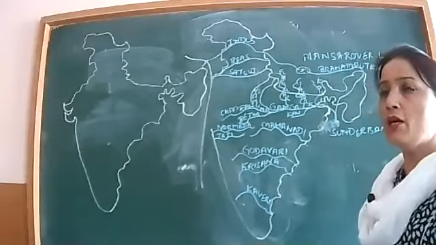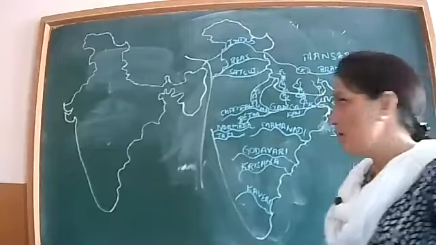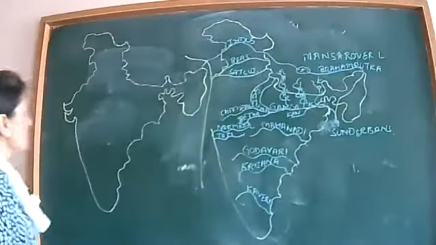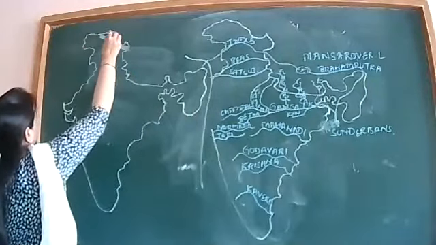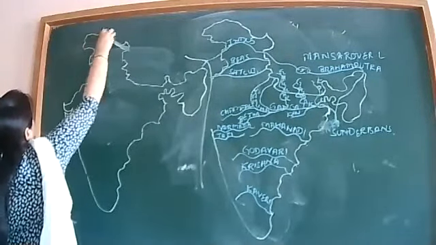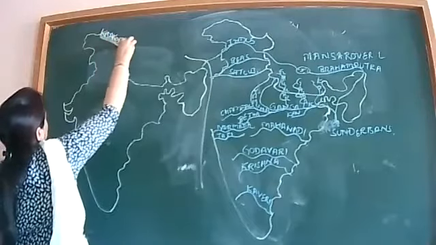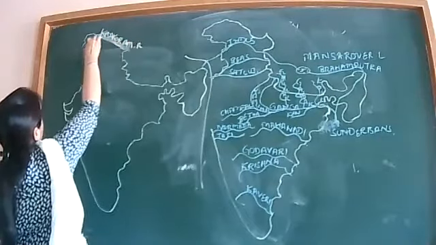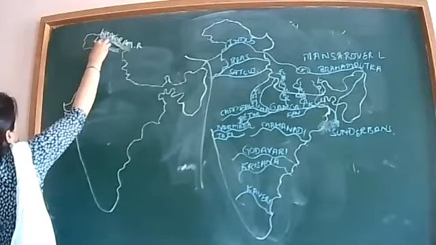Now I'm going to make, first of all, prominent ranges. Look at this map. First we have this Karakoram range. Exactly below we have Ladakh range.